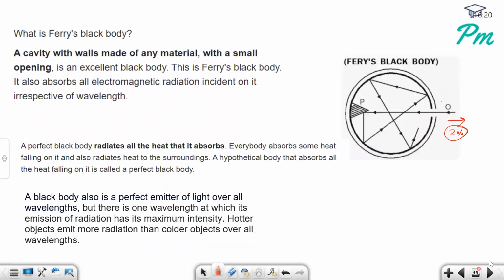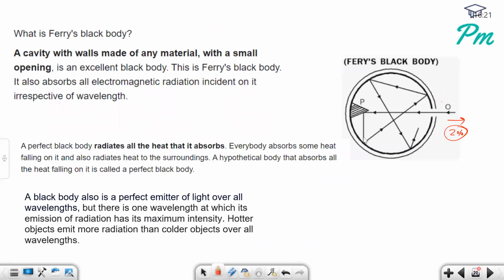Now, what is a Fery black body? This is an example. This is a diagram of a Fery black body, and this is very important. This is an approximation of an ideal black body. A ray is sent into this cavity, and here is the reflector.